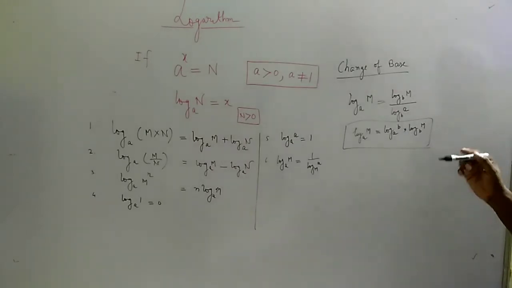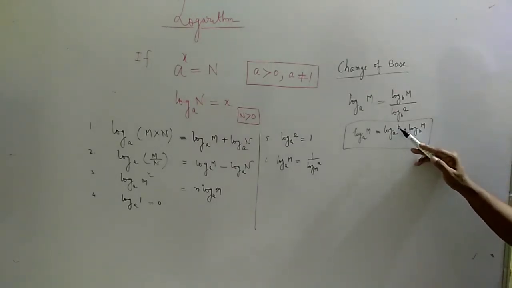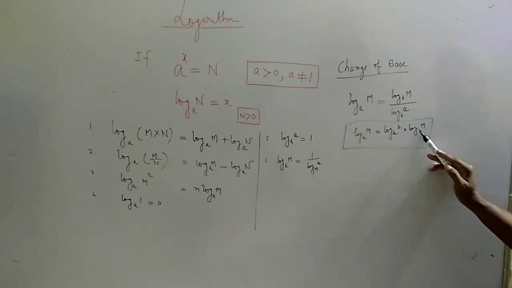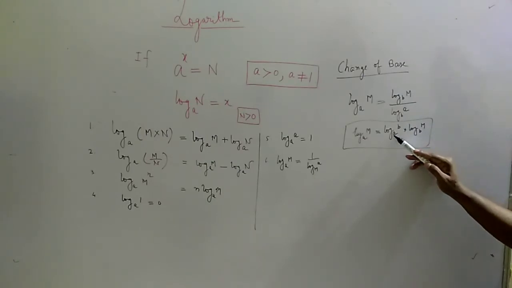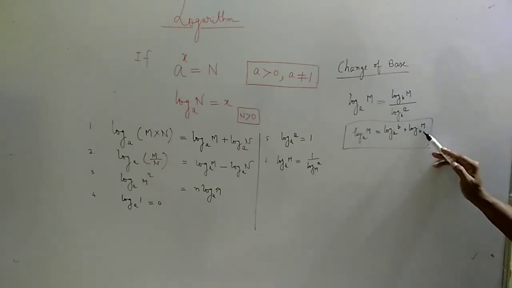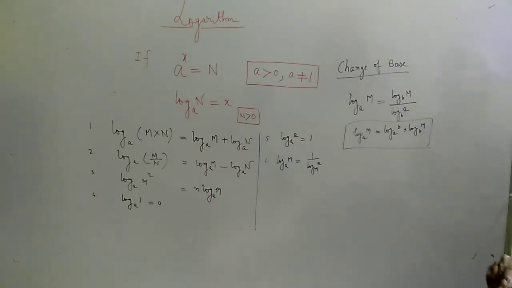So you can say log of new base to the base old base into log m to the base new base. So just like this, or the main definition is this one.